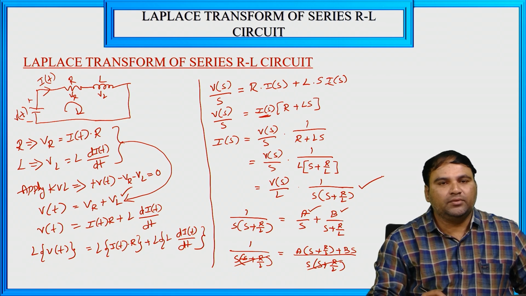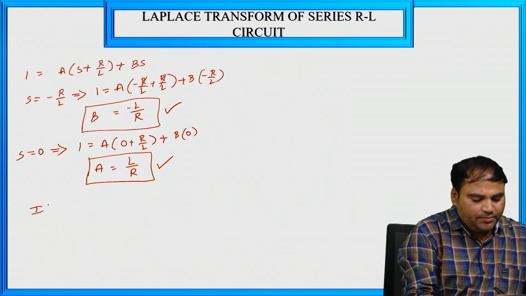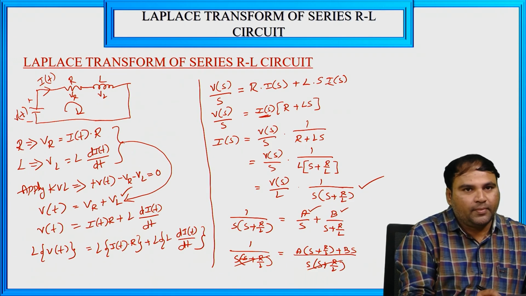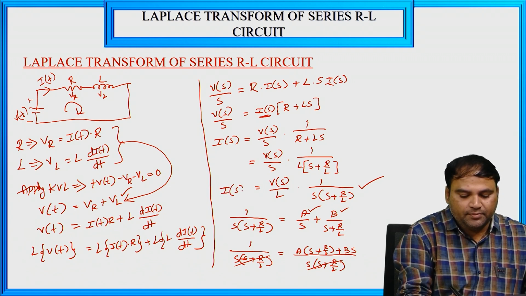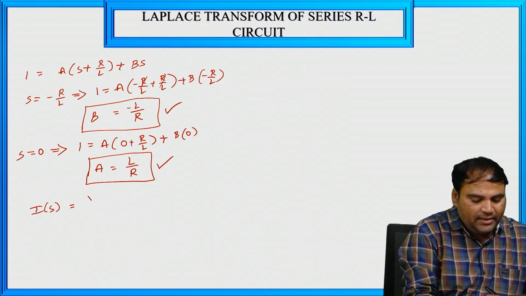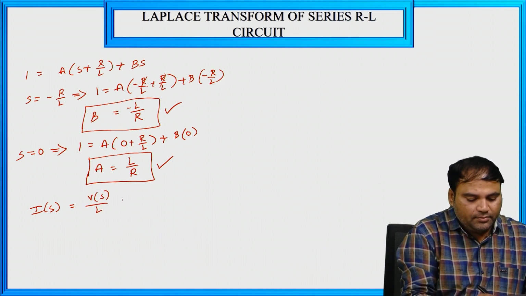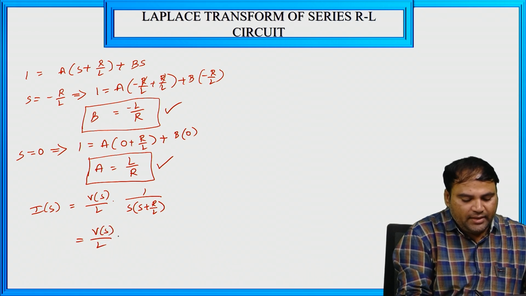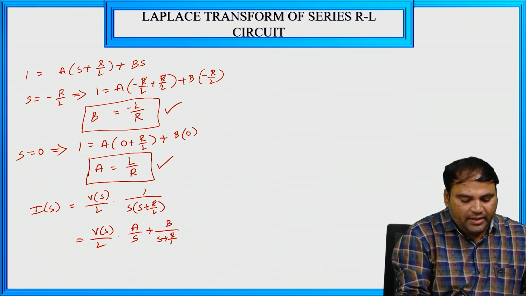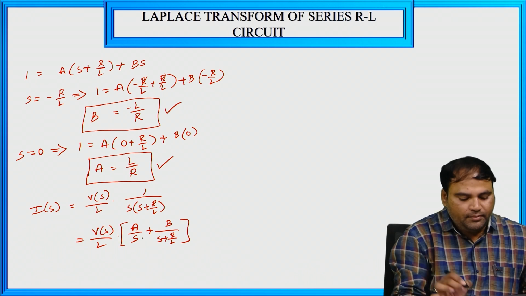Okay. Now I of S equal to V of S. So this is I of S equal to V of S by L into 1 by S into S plus R by L. That is equal to V of S by L into A by S plus B divided by S plus R by L. Okay.